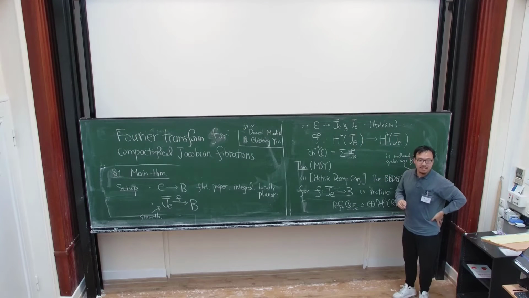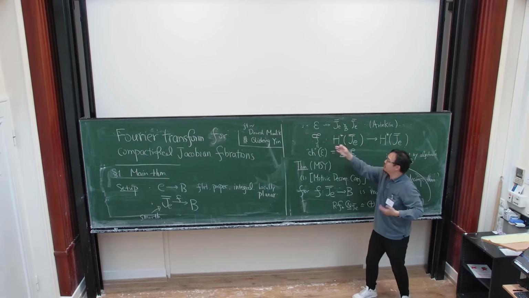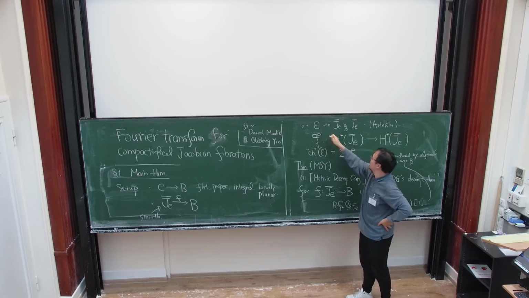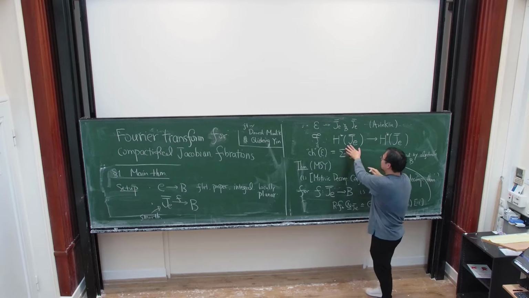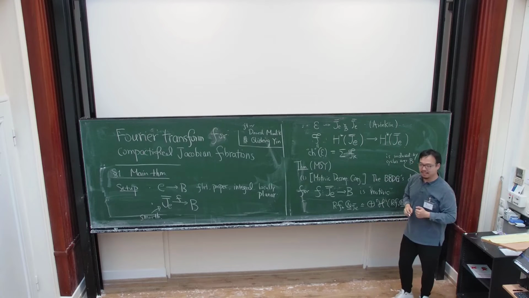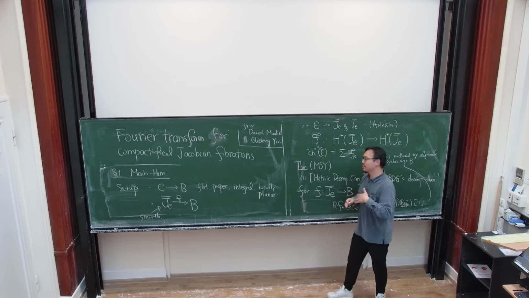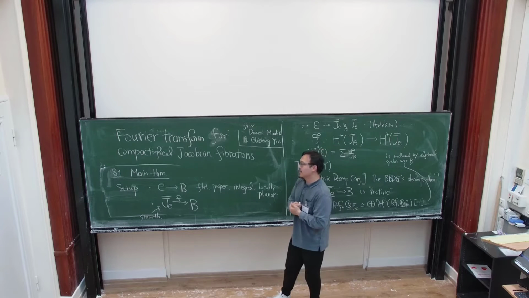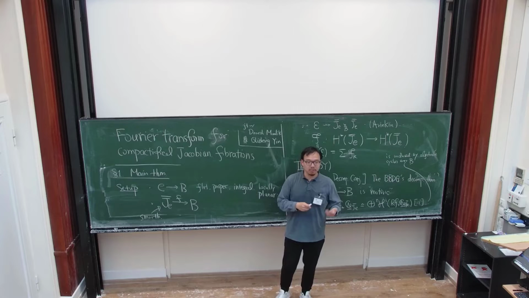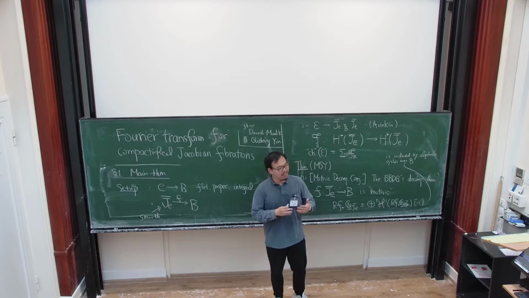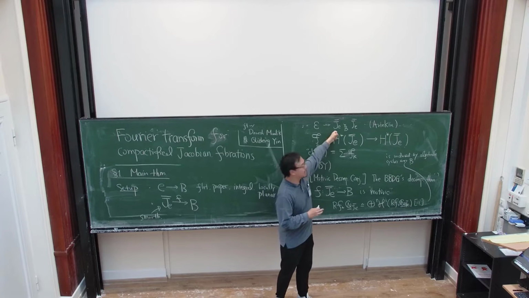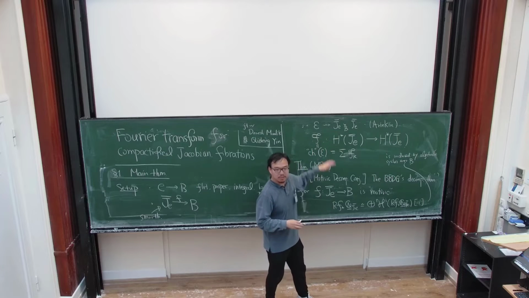That's the most essential, and essentially the only place we work. I only state things for the compactified Jacobian fibration. For example, if you consider a Lagrangian fibration with integral fibers, then if one is able to extend, for example, the work of Fedorov and Arinkin to something like this, then all the other things would work identically.